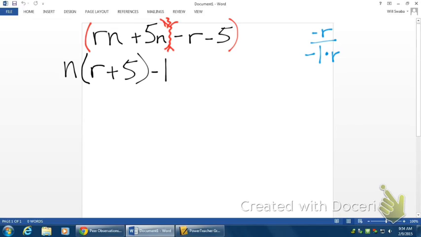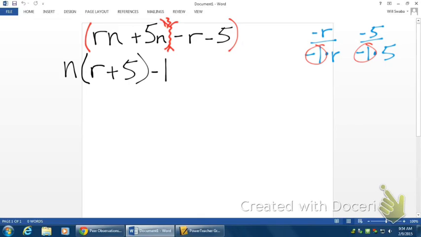If you factored out negative 5, that's just negative 1 times 5. So if you need to do that, that's perfectly fine. You can see that the greatest common factor is the negative 1.